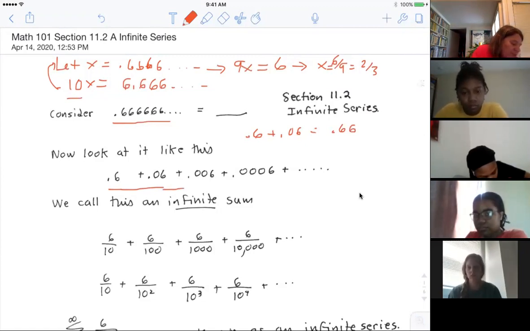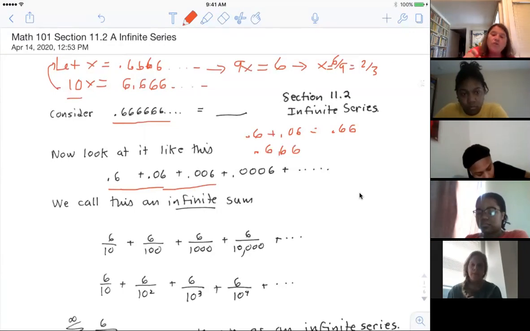If I look at the first three, I'll get 0.666, and that's even closer to 2/3. The point is, the more sixes I get in here, the closer it gets to what we think of as 2/3. Your calculator has to cut it off though. It cannot write an infinite number of sixes. And that's what we're looking at: an infinite sum.